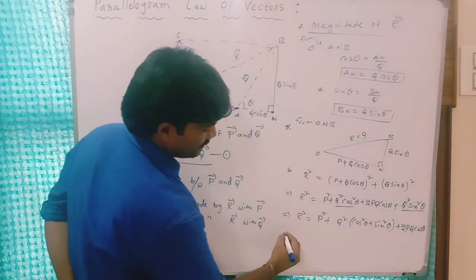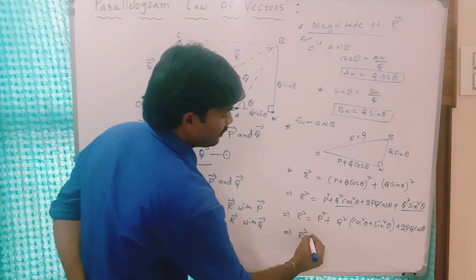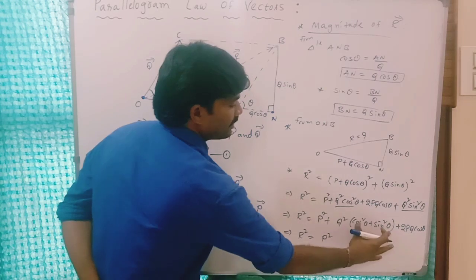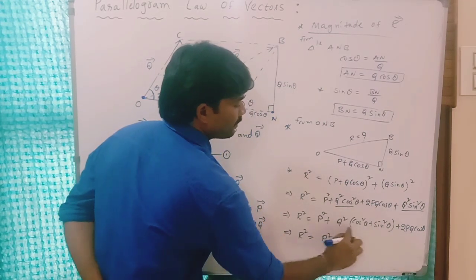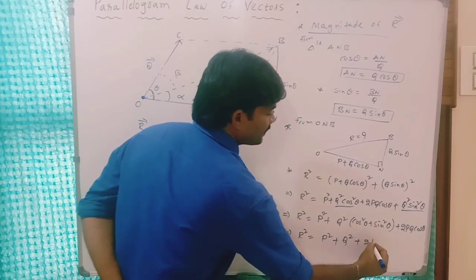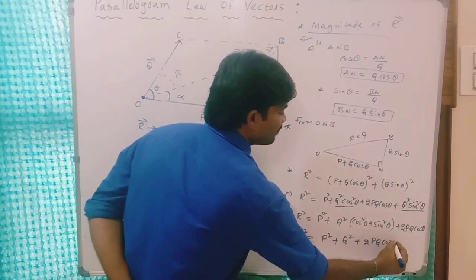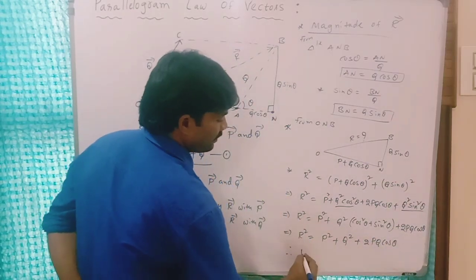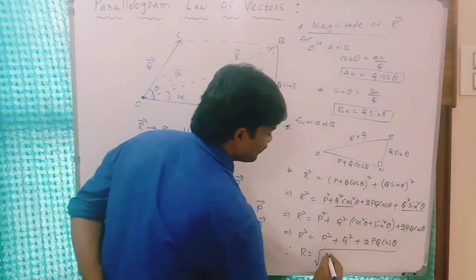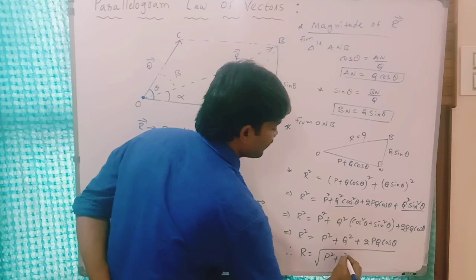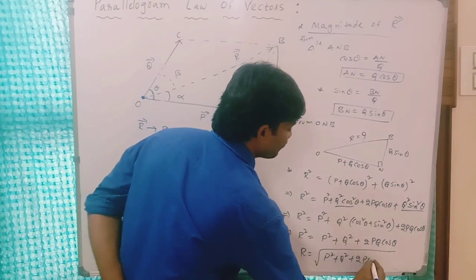See carefully, R square equal to P square, this value is 1, so it is only Q square, plus 2PQ cos theta. Therefore, the resultant magnitude is equal to root of P square plus Q square plus 2PQ cos theta.